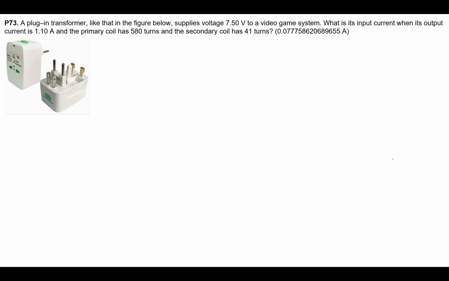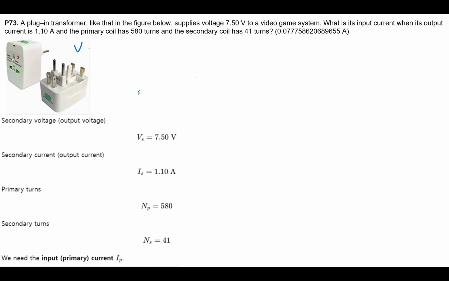And another one, there's a plug-in transformer, like this one. Let's try to find out what is given. The secondary voltage, the output voltage, is given by this, and the secondary current is given by this one, and then the primary turns is this, and Ns this one, and we want to find out the primary current.